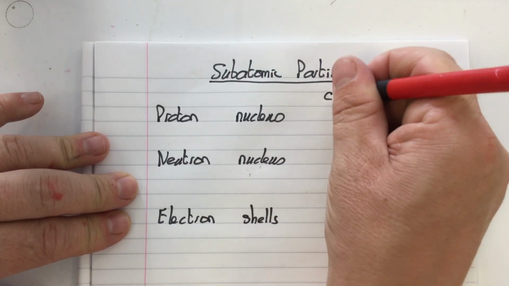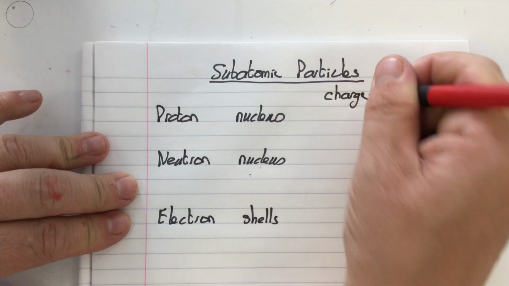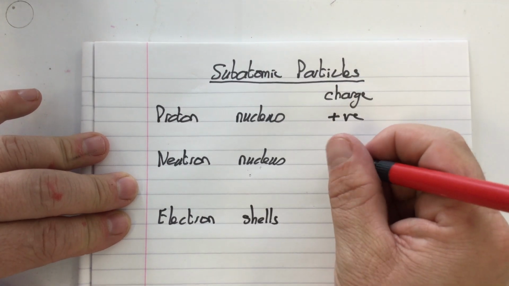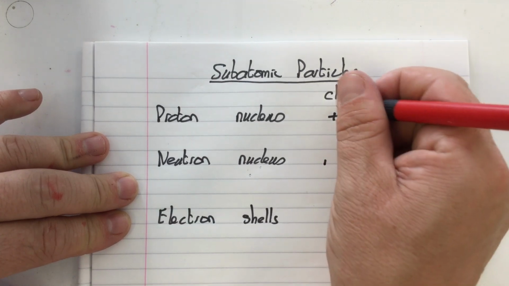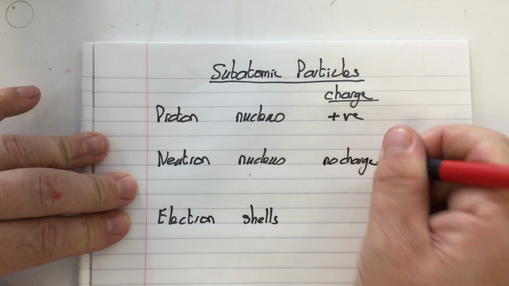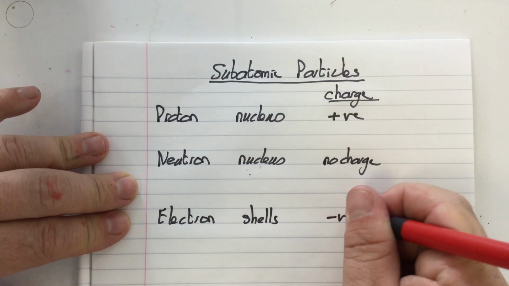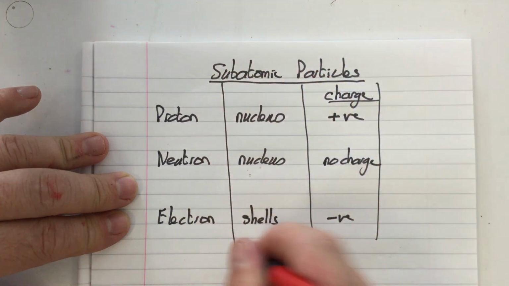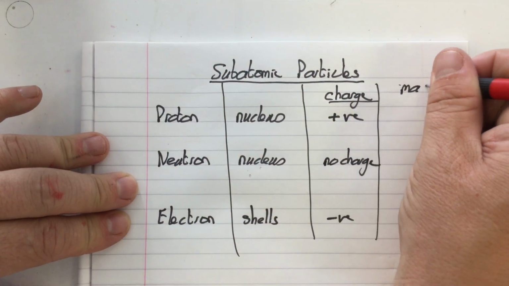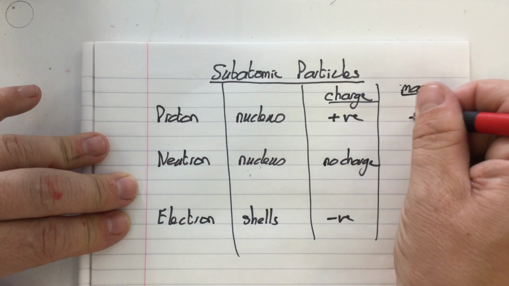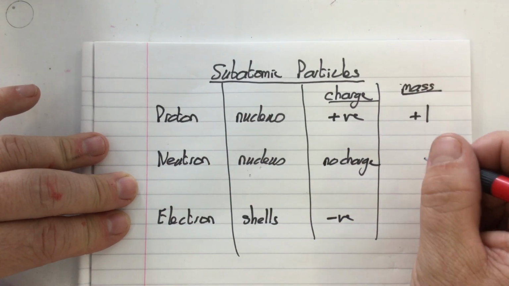What charge has a proton got? Positive. What charge has a neutron got? Neutral, or we'd say no charge. And what charge has an electron got? Negative. And what is the mass of a proton? Plus 1 atomic mass unit.